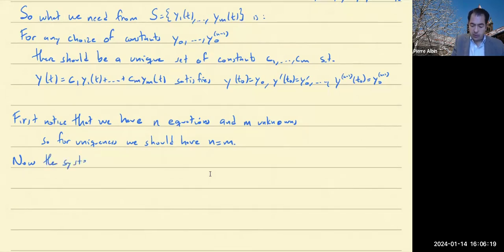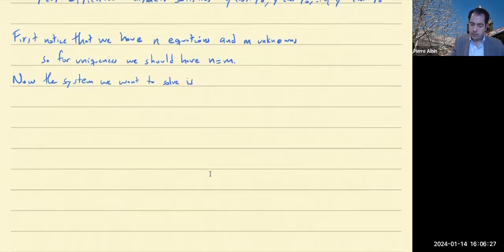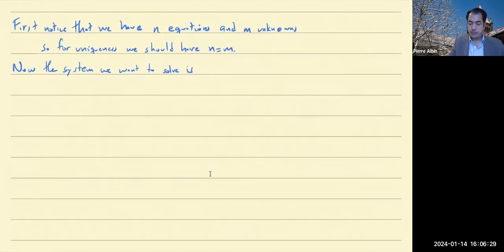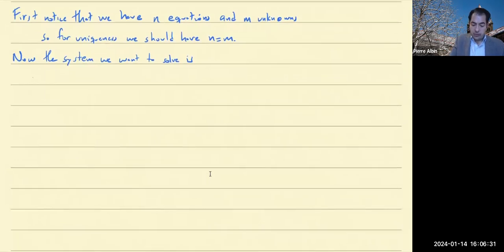Then the system we want to solve is, okay, so we want y of t naught should be y naught. We want y prime of t naught should be the constant y naught prime. Dot, dot, dot, we want the n minus 1th derivative at t naught should be the constant y naught n minus 1.